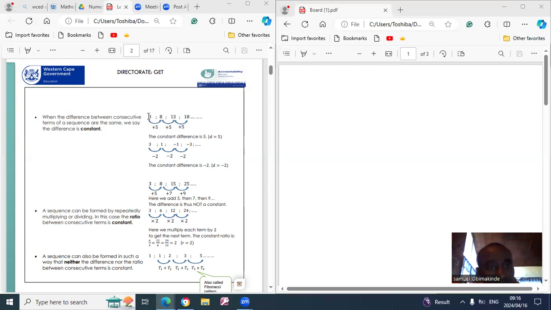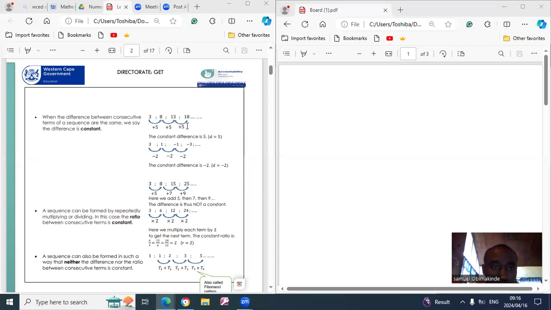For example, let's understand what is meant by consecutive terms. Consecutive terms are terms that follow each other. In this case, 3 and 8 are consecutive terms. 8 and 13 are consecutive terms. Then 13 and 18 are consecutive terms.